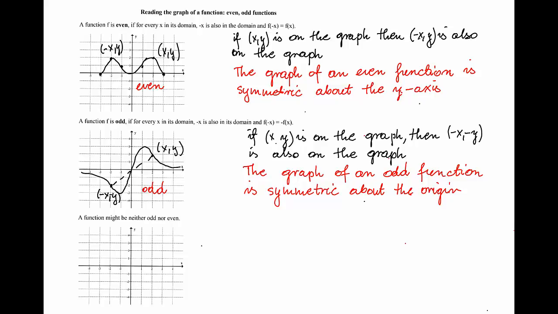For example, if I draw the graph like this, there is no symmetry with respect to the y-axis, no symmetry with respect to the origin. This function, therefore, is neither odd nor even. And there are, you can say, more functions that are neither odd nor even than odd and even functions.